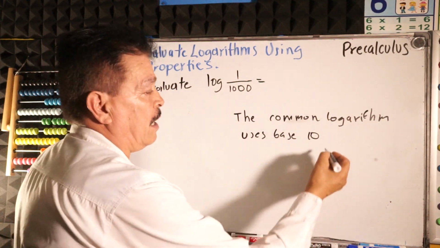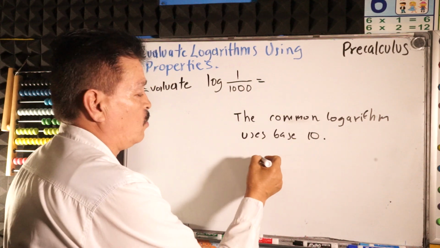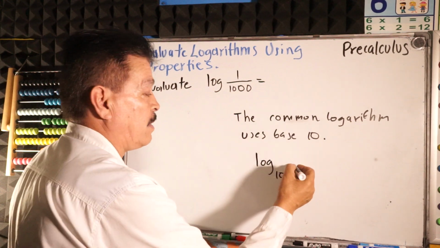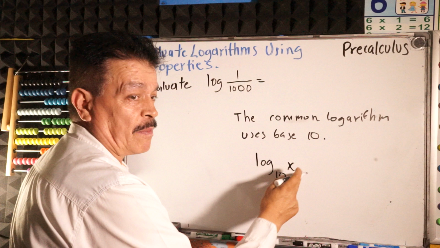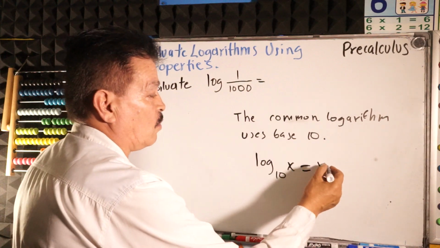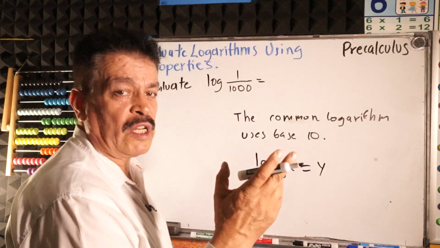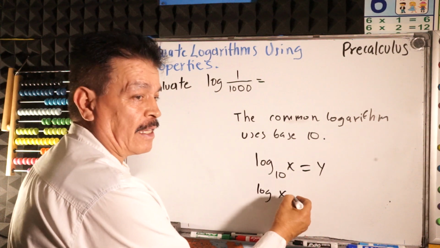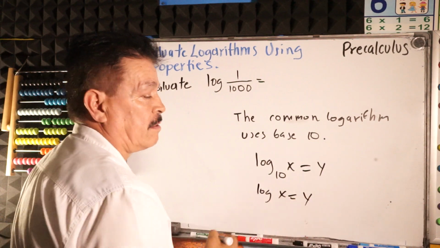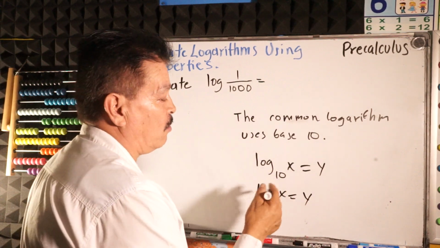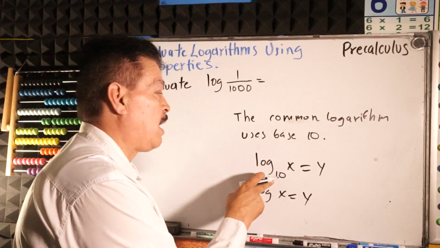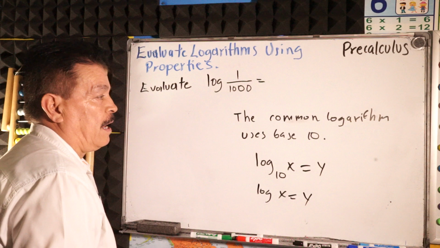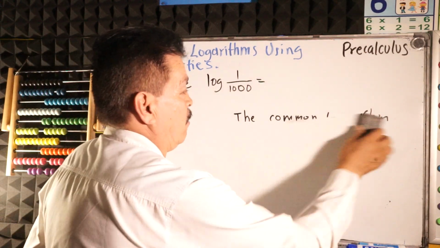The common logarithm, you are able to write as log base 10 of x equals y. It's usually written like log x equals y, without the base 10. We don't have to write the base 10. So this is in general about our class today.